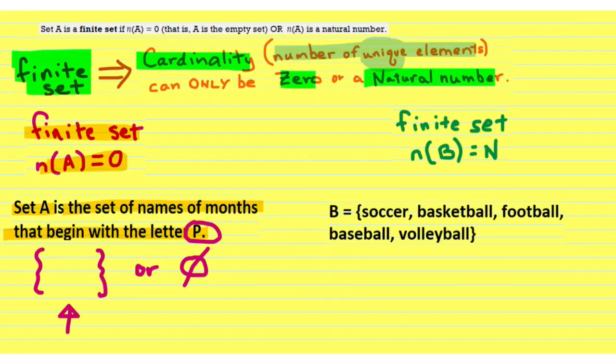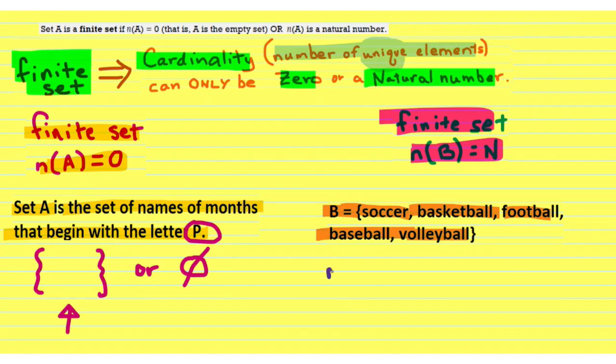And then we also have the idea of a finite set which has a cardinality that is equal to some natural number. So let's look at this one right here. We've got B is equal to soccer, basketball, football, baseball, and volleyball. So what would be the cardinality of set B? Well, unique elements. I've got 1, 2, 3, 4, and 5.